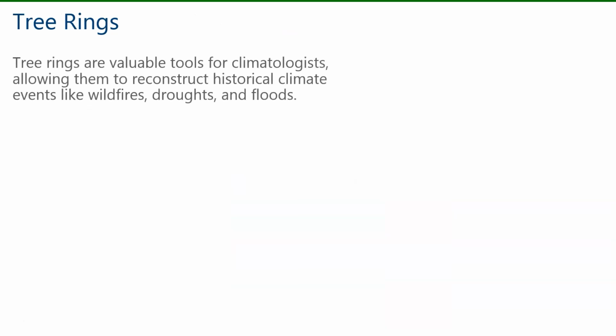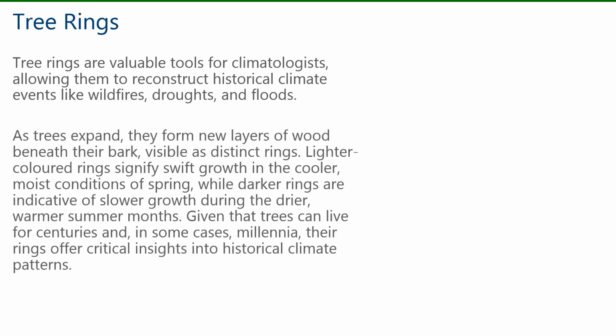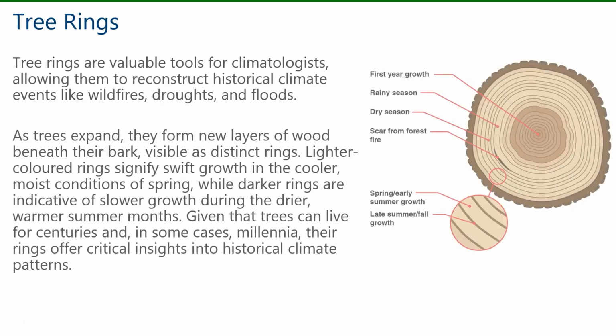Tree rings are valuable tools for climatologists, allowing them to reconstruct historical climate events like wildfires, droughts, and floods. As trees expand, they form new layers of wood beneath their bark, visible as distinct rings.